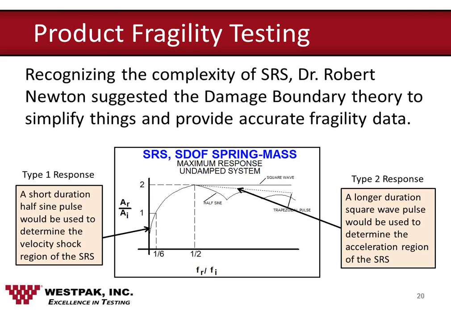One is this type 1 response here, and the other is the type 2 response. Type 1 response could be investigated using a short duration half sine pulse because the waveform was not important. Type 2 responses here could be programmed with a trapezoidal pulse to determine these responses at a conservative level.